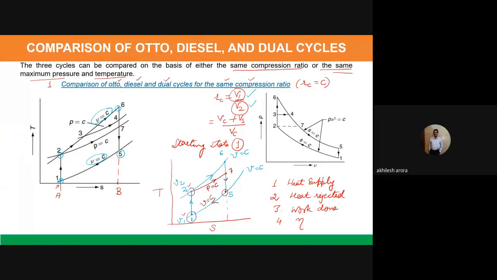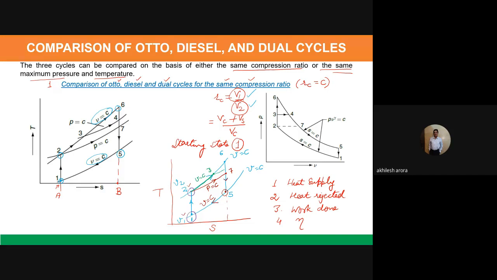So some part of that, let's say up to this particular point, I will call this as state point 3. Up to this particular point, we are supplying heat at constant volume in case of dual cycle, and the later part of the process is at constant pressure. So the constant pressure slope will be different, so I will have to follow this particular line. So this is point number 4.